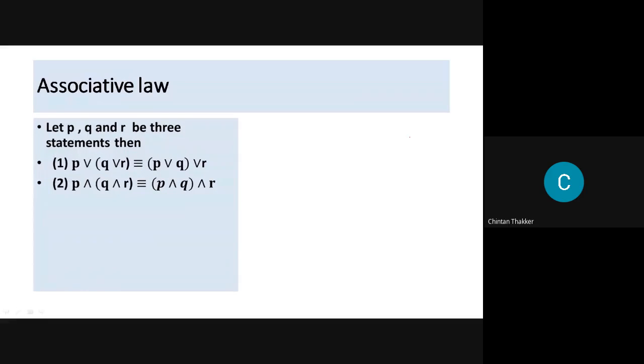So to prove this, we again use the truth table.